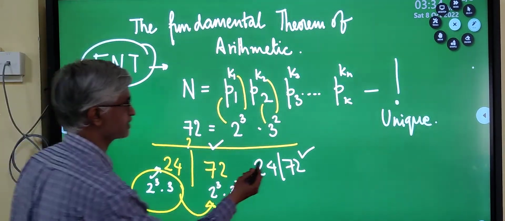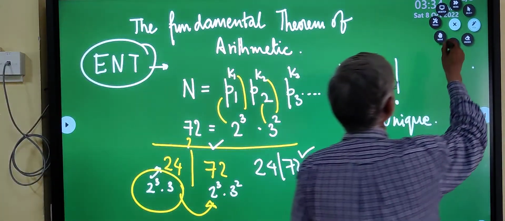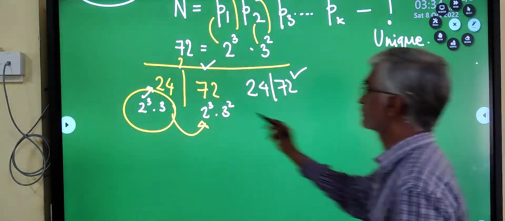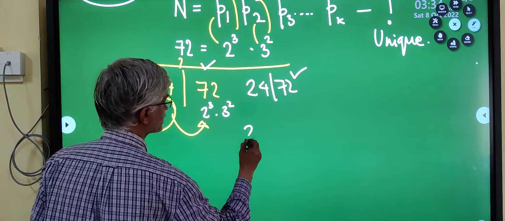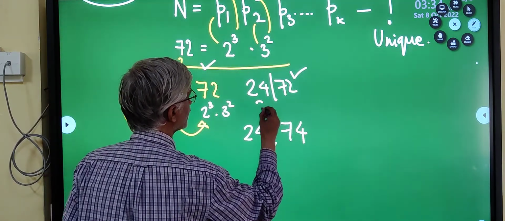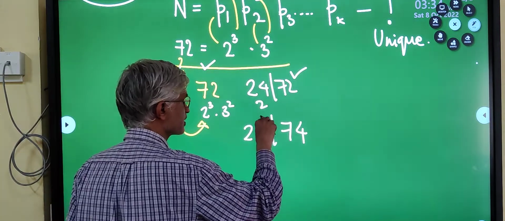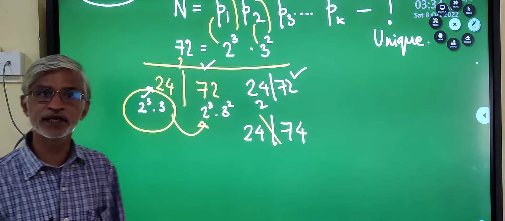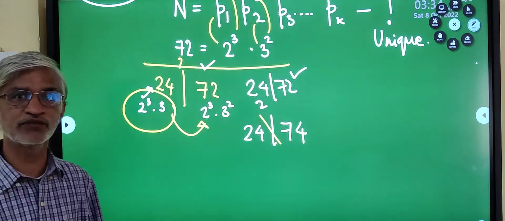Now, suppose the question says, is 74 divisible by 24? So the question is does 24 divide 74? And we know the answer is no, so this is the way to say that 74 is not divisible by 24, or 24 does not divide 74.